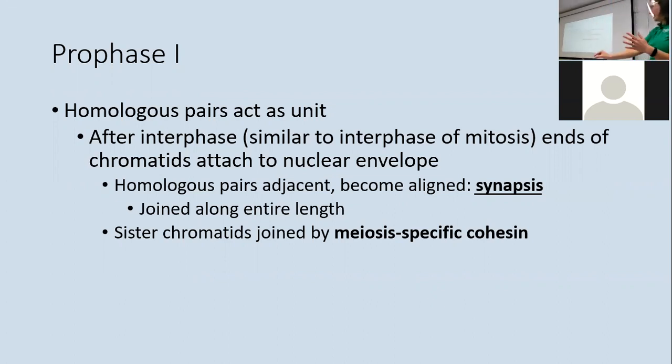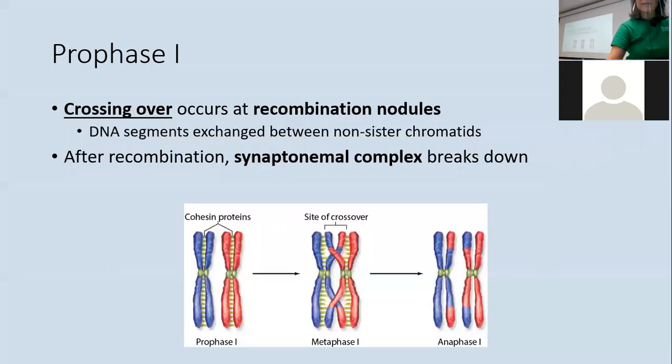So they're joined along their entire length, and the sister chromatids along their length are joined by this meiosis-specific cohesin. That's fine, just more cohesin, don't stress, holding them together. All right, so prophase 1. All 23 chromosomes find their little friend chromosome, stick together, get all nice and organized.